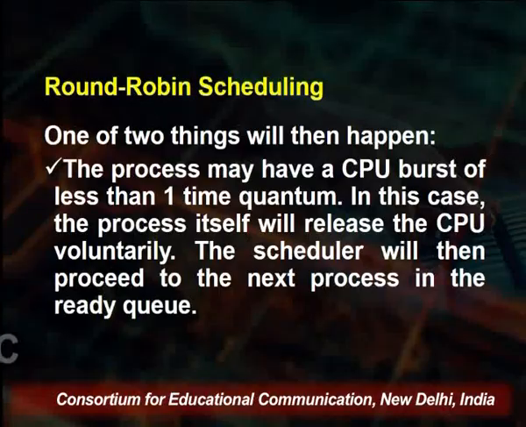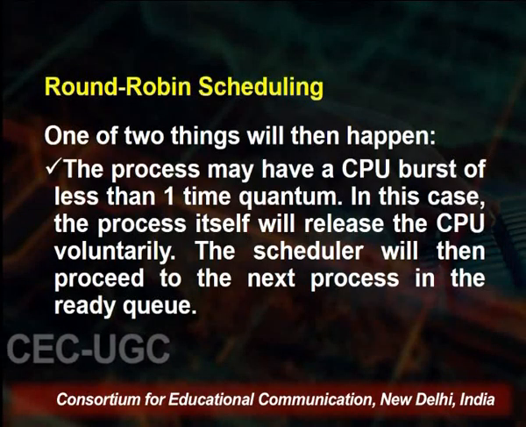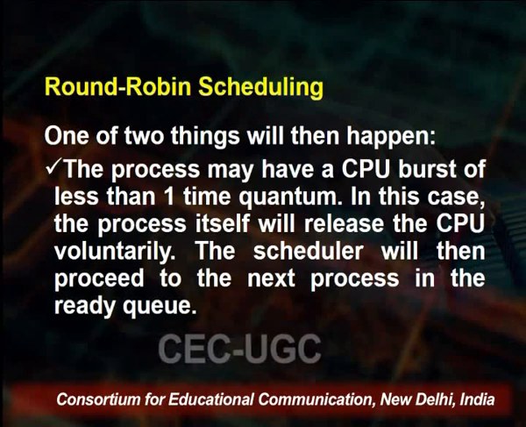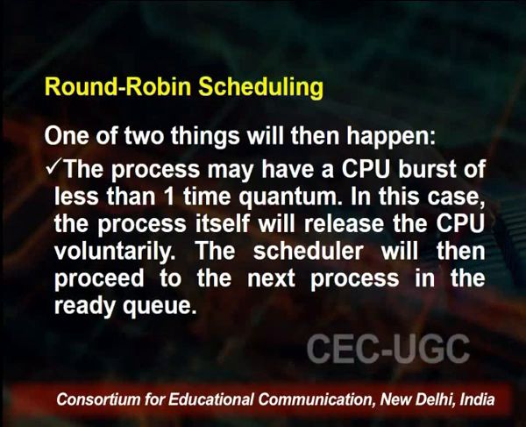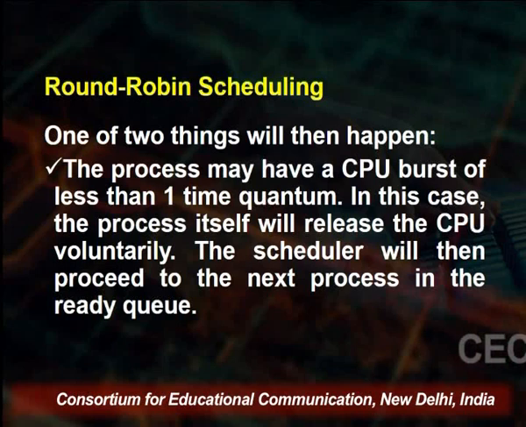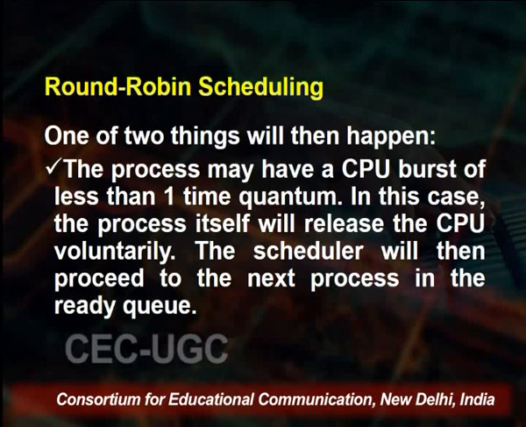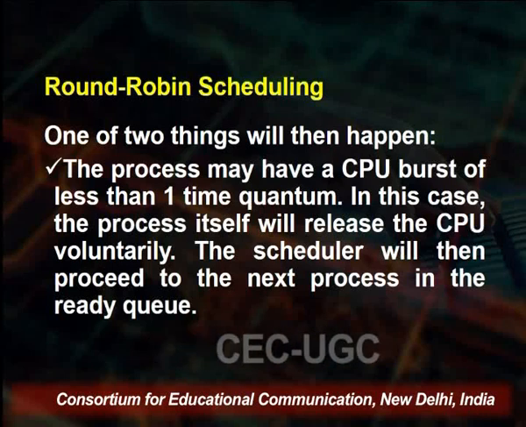The first possibility is that the process can have a CPU burst of less than one time quantum. In this case the process will release the CPU voluntarily as soon as it finishes. The scheduler will then proceed to the next process.